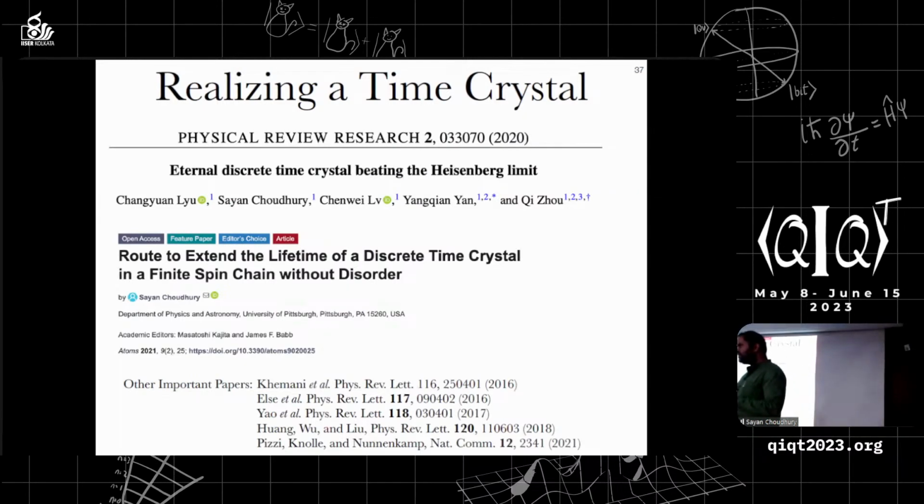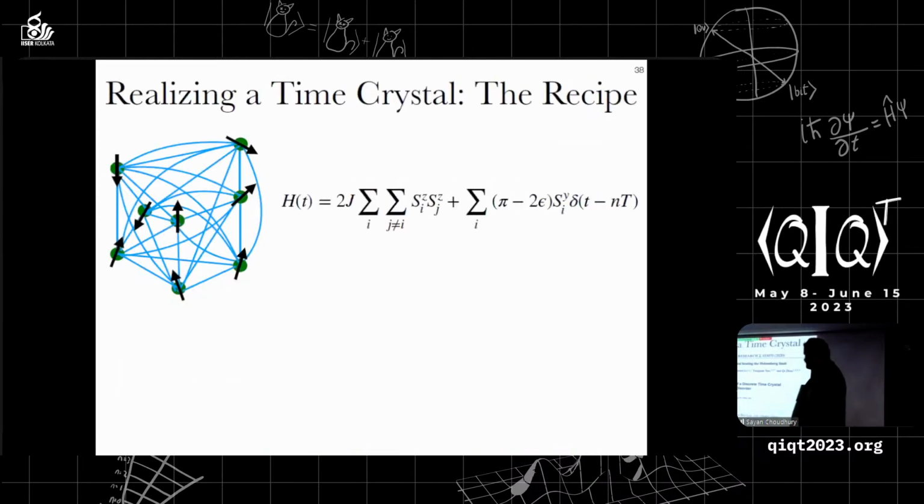There are a variety of other approaches that have been discussed, most importantly many body localization, but I'm going to talk about an approach which I think is relatively easier. This approach depends on having a system with all-to-all interactions, where all spins are talking to each other with equal strengths.